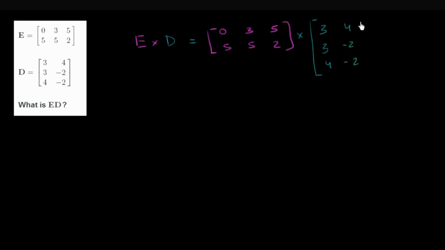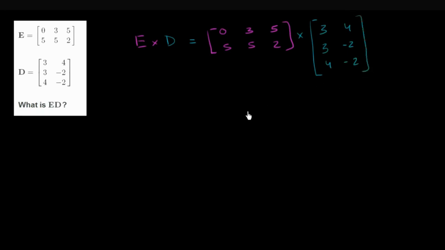Matrix E times matrix D is equal to 0, 3, 5, 5, 5, 2 times matrix D, which is 3, 3, 4, 4, negative 2, negative 2.